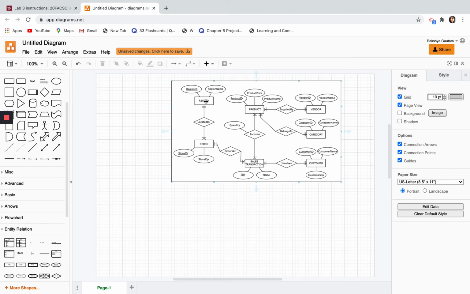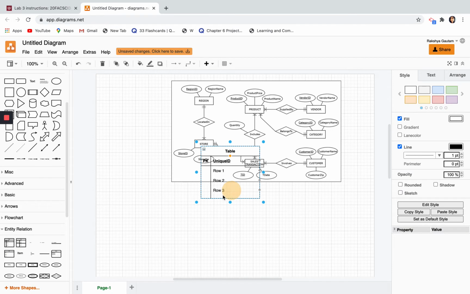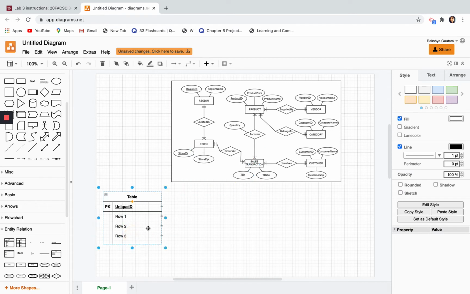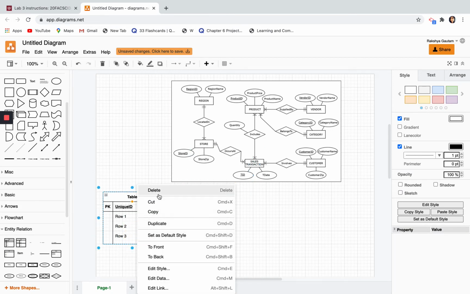Each entity has different attributes. So let's make the table first for the entity.